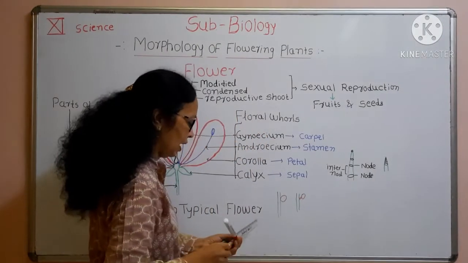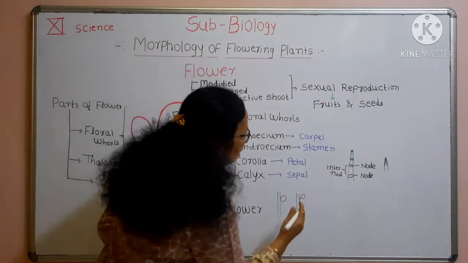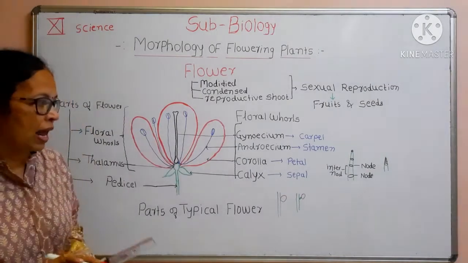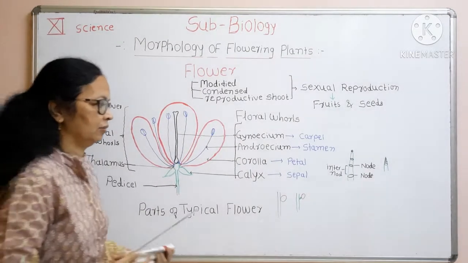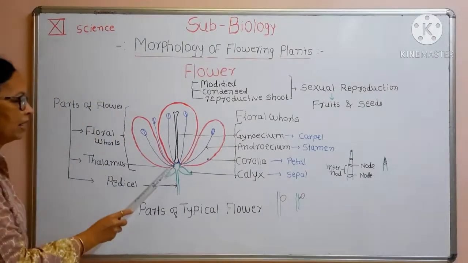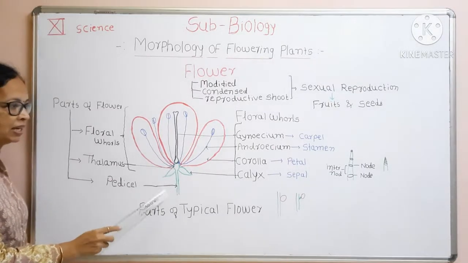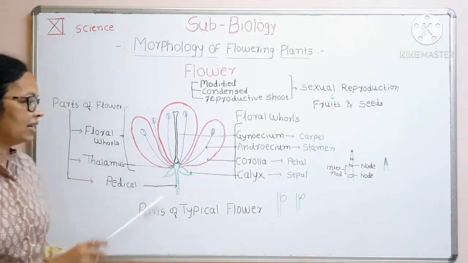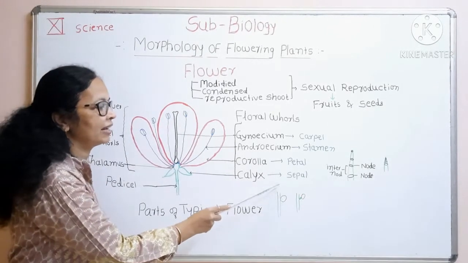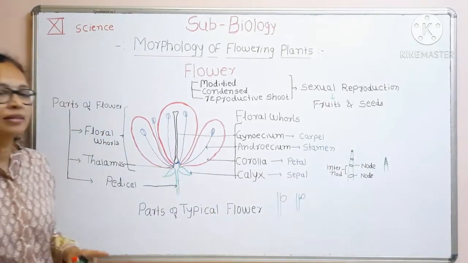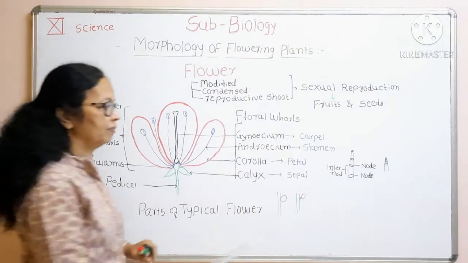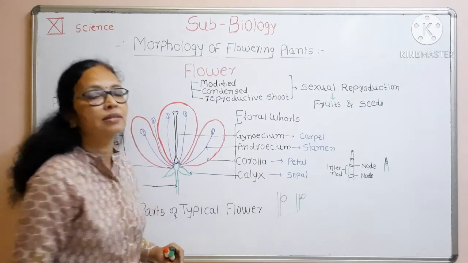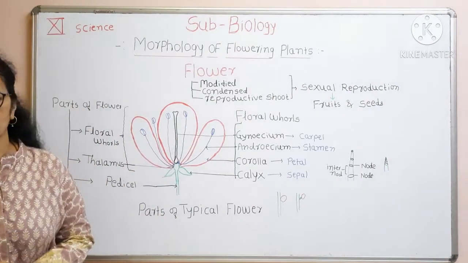Pedicel is short, means the length of the pedicel is not long, it is short. Then it is called as a subsessile flower. So here, when the pedicel is present, then the flower is called as a pedicellate flower. When pedicel is absent, the flower is directly attached to the stem, then it is called as a sessile flower. And when the pedicel is short, then the flower is called as a subsessile flower.